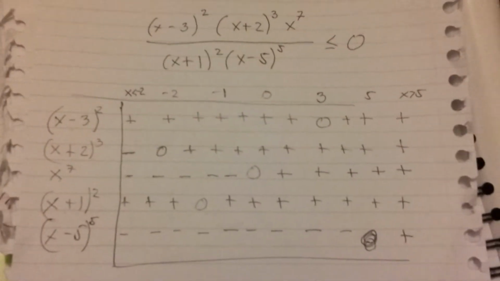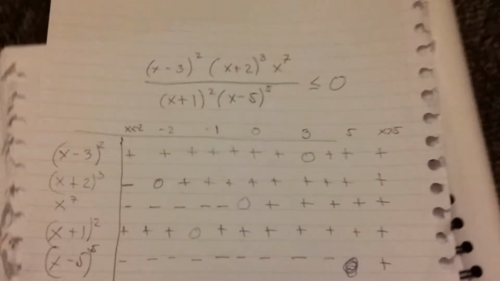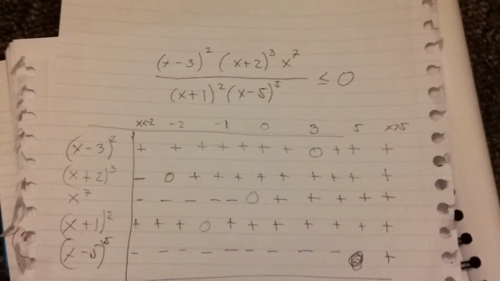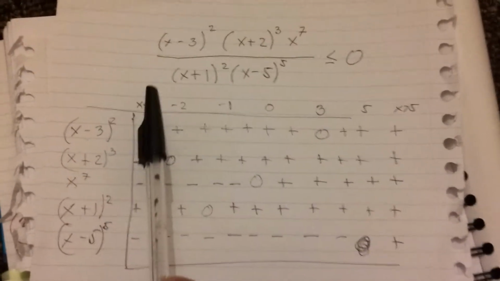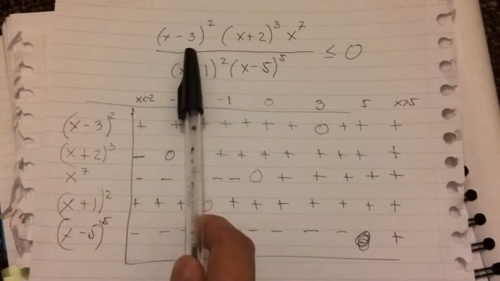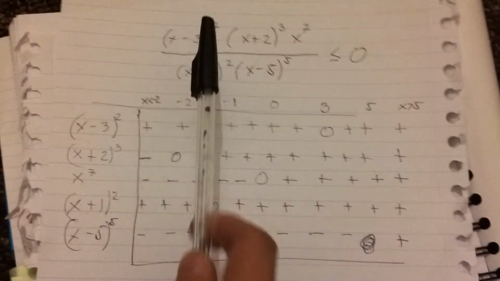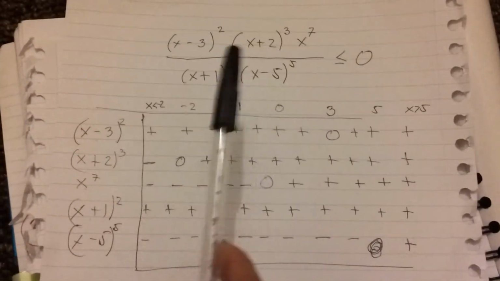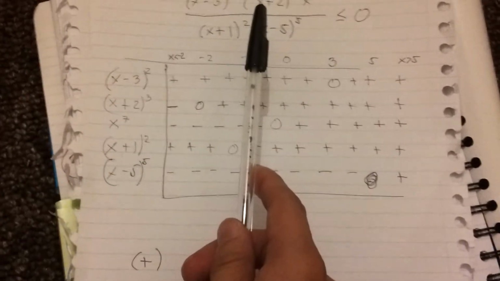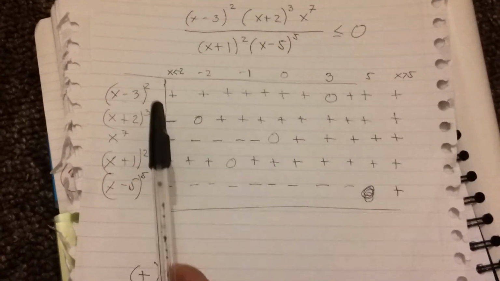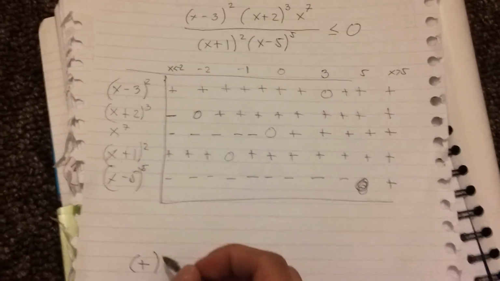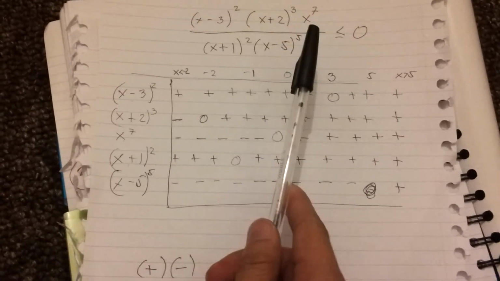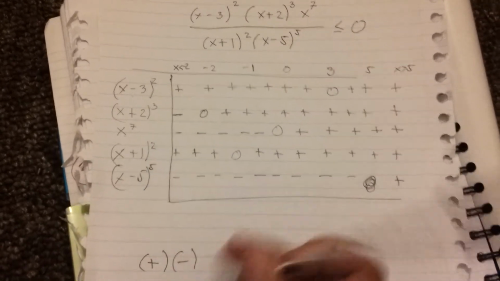Now, we analyze it based on its equation. So, let's take for example if x is less than minus 2. If x is less than minus 2, the top bit, x minus 3 squared, is positive. And then, x minus 2 cubed becomes negative based on our table. So, it's negative here. And then, x to the 7 becomes negative based on our table.